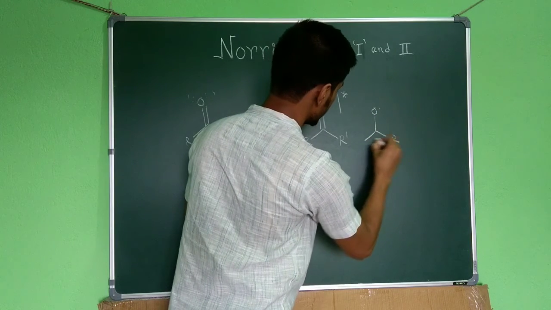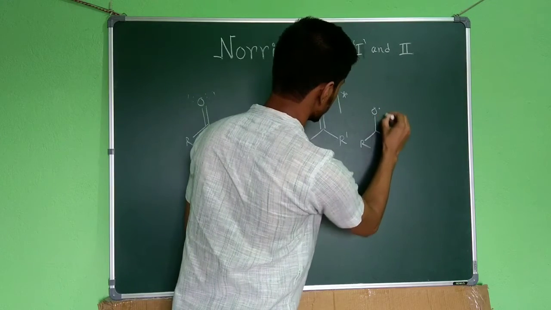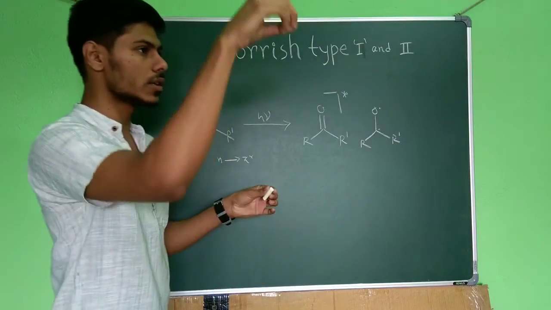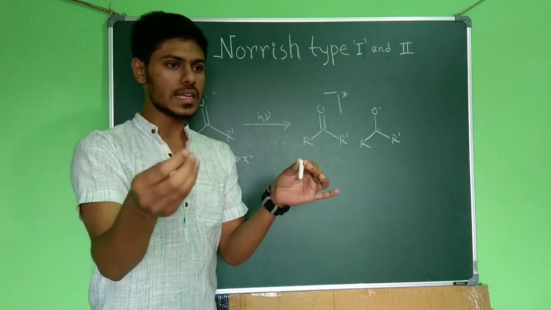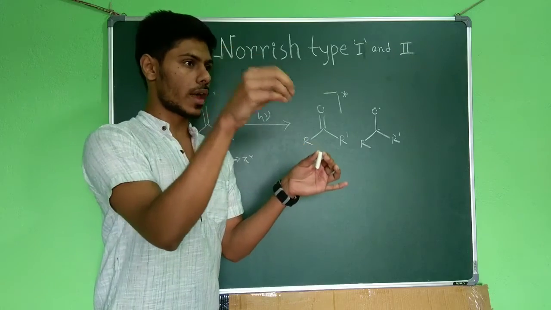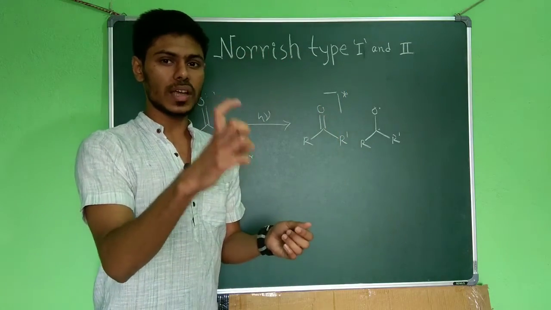So you can imagine, if you put an electron in the pi star orbital, that is the anti-bonding orbital, what will happen? If you put any electron in the pi star orbital or anti-bonding orbital, the bond order will decrease, or the bonding character will decrease.